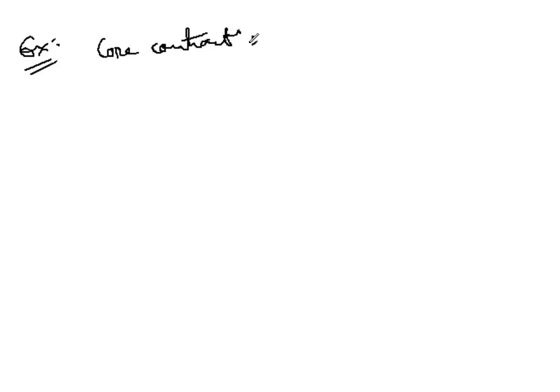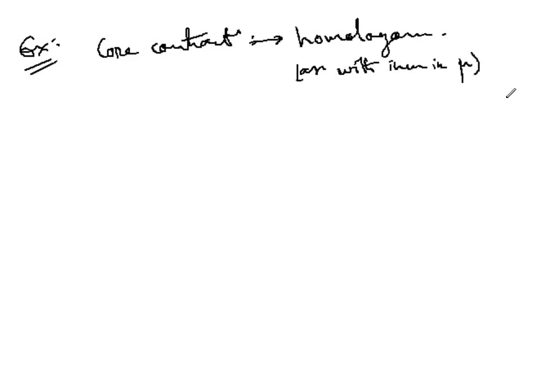That means core contraction is homologous, associated with an increase in the mean molecular weight mu, so that throughout the core, R changes by a very small amount, R plus delta R.